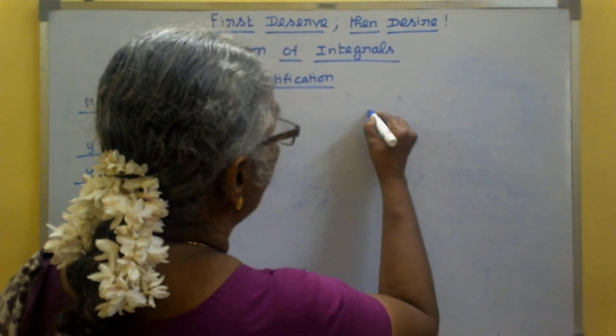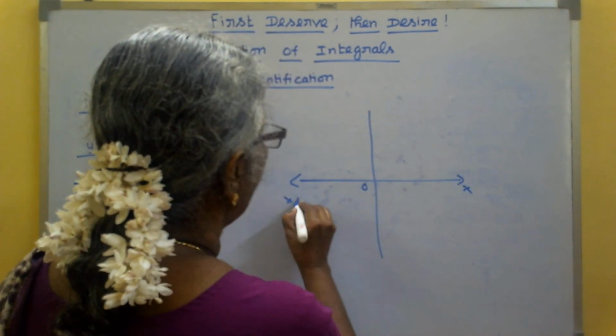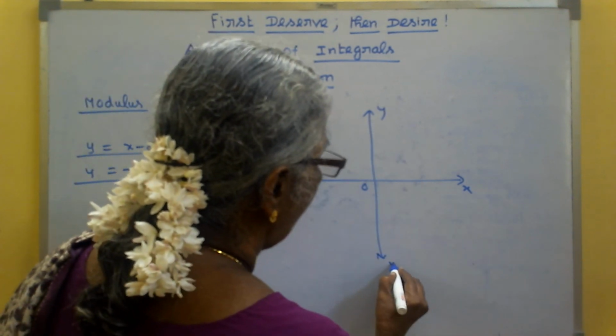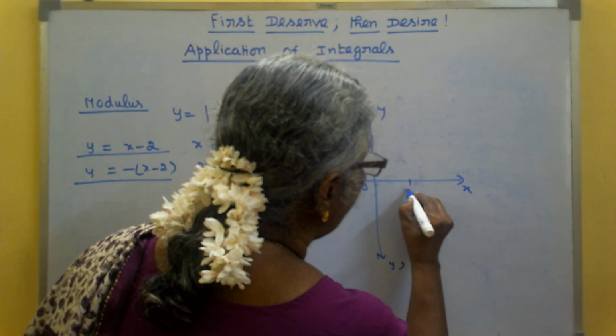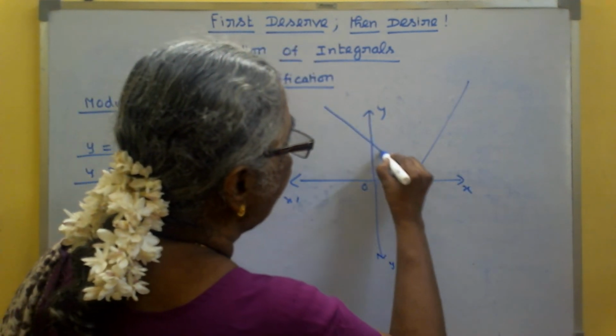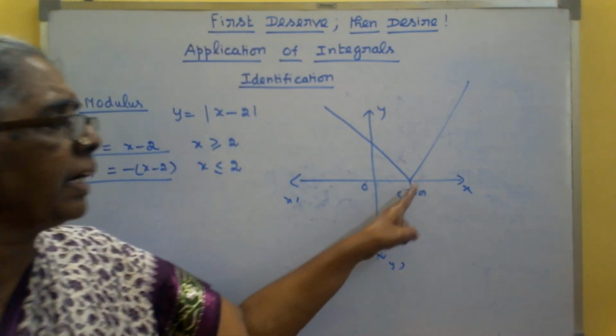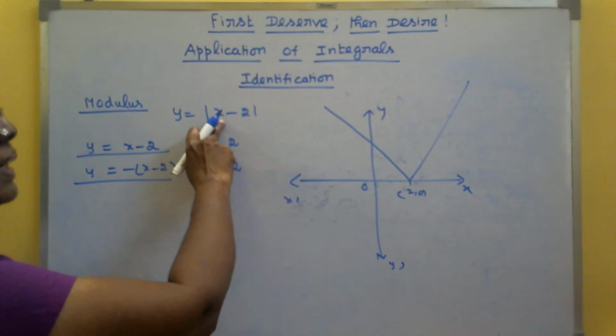Now for this one, actually it is like this. You have O, x, x dash, y and y dash. First mark this point, which is 2, 0, right? The first line will go like this. The second, the negation, will come like this. It will be a V graph which meets at the point 2, 0, because your x value is 2.